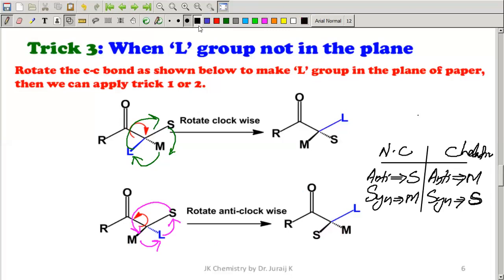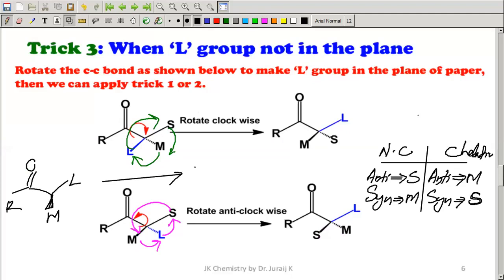In certain situations, you want to do another kind of rotation. Suppose your compound is given like this, R, and here the large group, here the medium group.